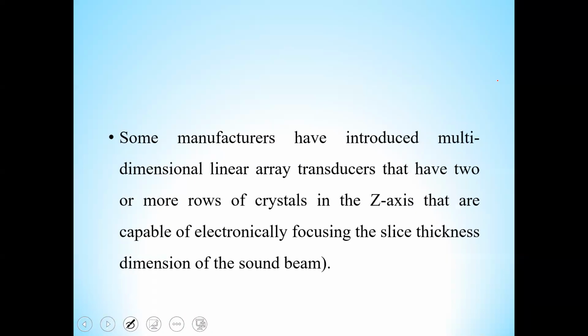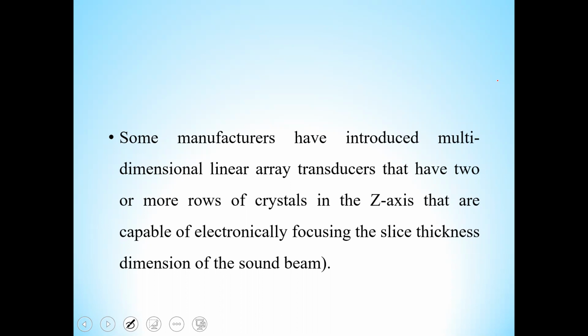Some manufacturers have introduced multi-dimensional linear array transducers that have two or more rows of crystals in the z-axis that are capable of electronically focusing the slice thickness dimension of the sound beam, and nowadays these transducers are in common use.